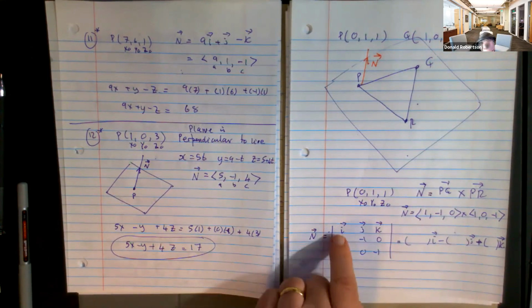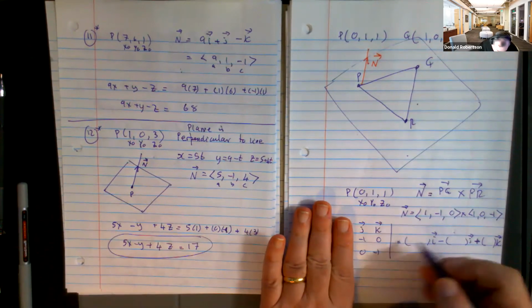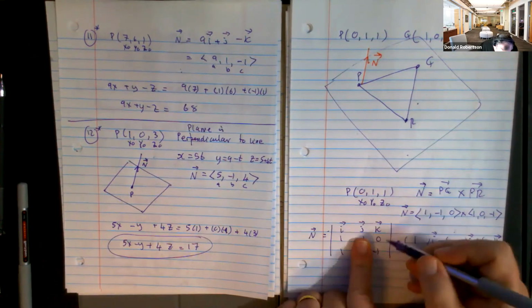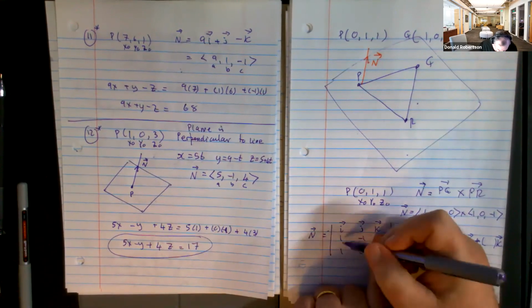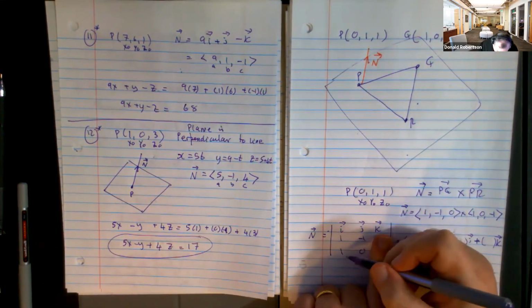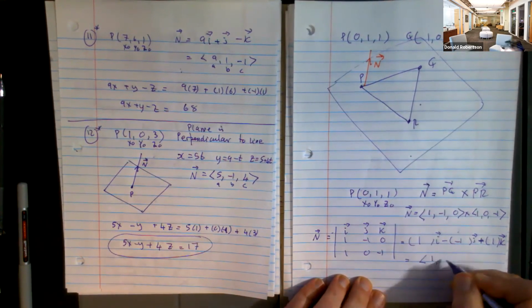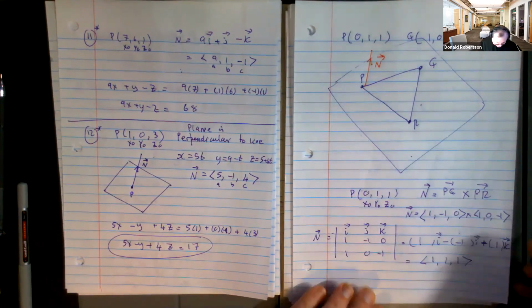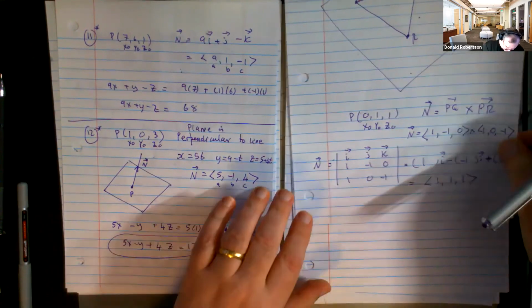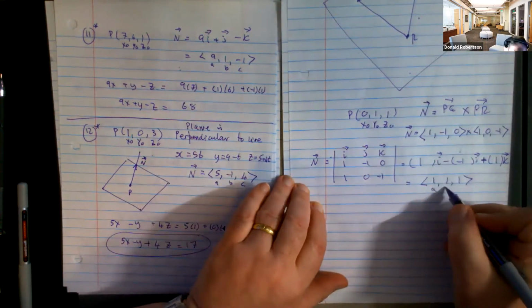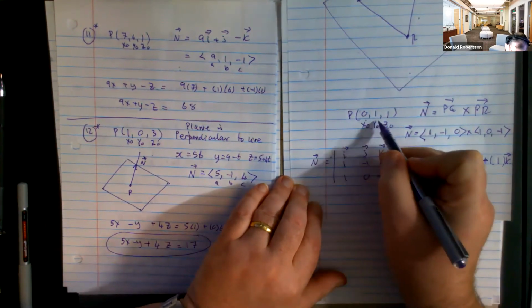So we can get 1 take away nothing, -1 take away nothing, and 1 take away, nothing, take away -1. And so we get, as a normal, 1, 1, 1. Oh, kind of boring. So that's my ABC. And there's my point.